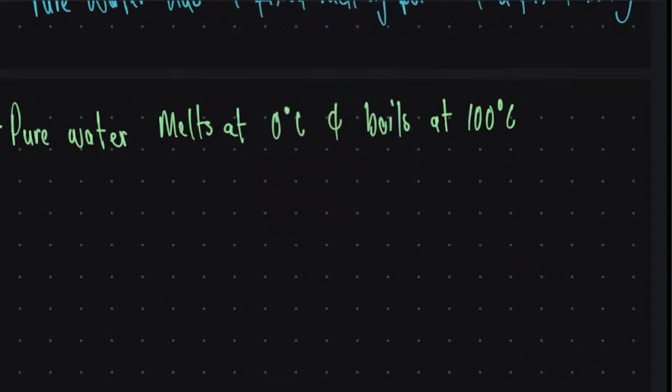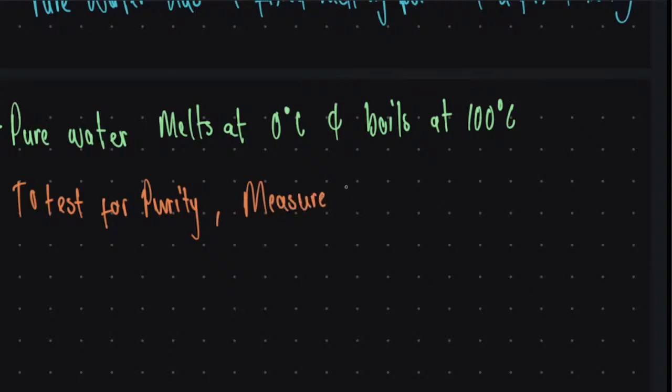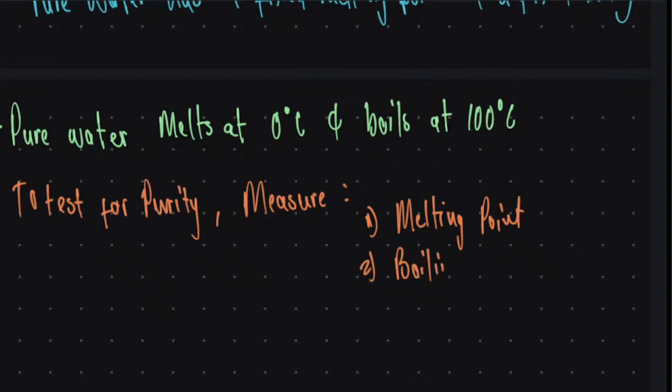So, to test for purity, measure 1, melting point, and 2, boiling point. Okay? To test for purity, just measure the melting point and the boiling point.